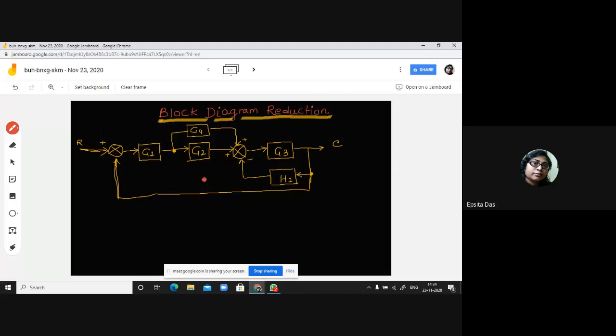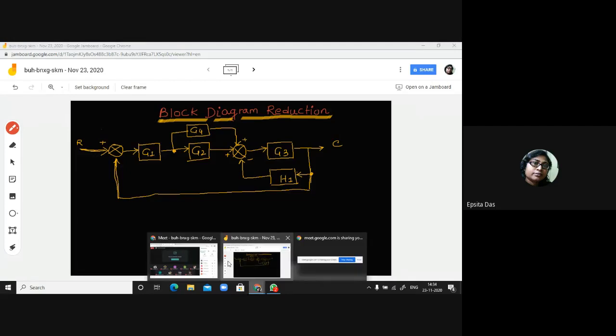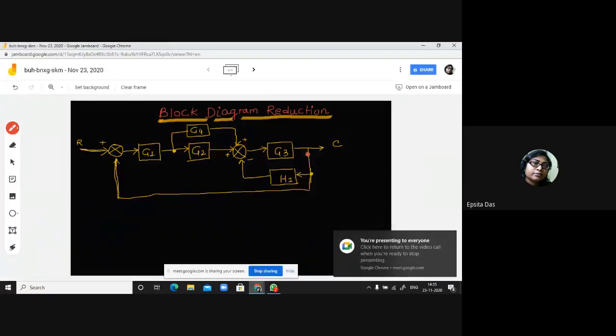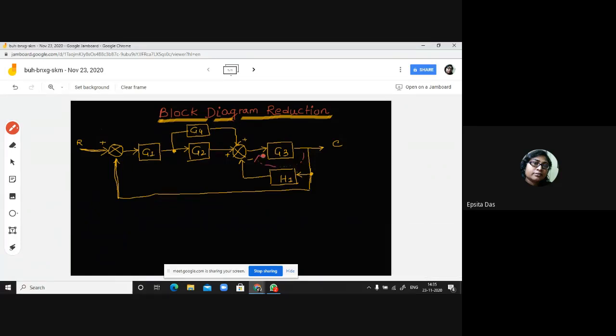And how many feedback paths? Okay. So we are also getting that the feedback path is one in this way, because the signal is flowing in the opposite direction, as I have told you.